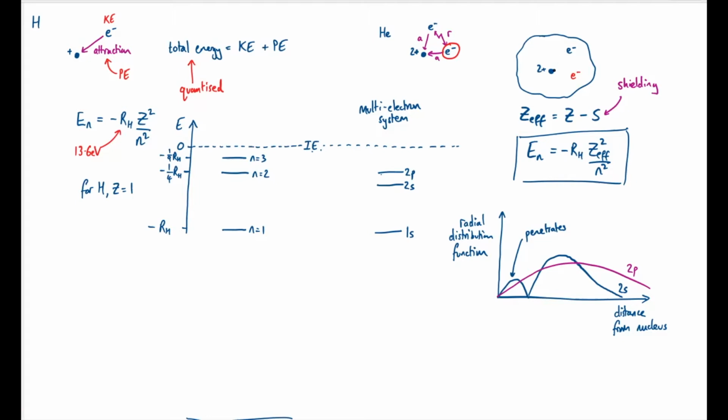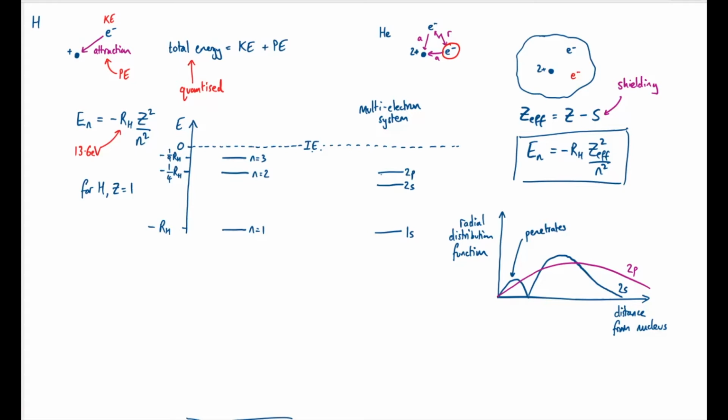We can have a look at our picture up here and imagine, well, if there are significant times when this red electron is really close to the nucleus, the repulsion from the other electron isn't going to be as effective. So we'll feel an overall stronger force of attraction towards the nucleus, and therefore the energy level will be lower. And this is a key idea that extends to higher n orbitals, where we get more orbitals that lose their degeneracy on moving to the multi-electron system.